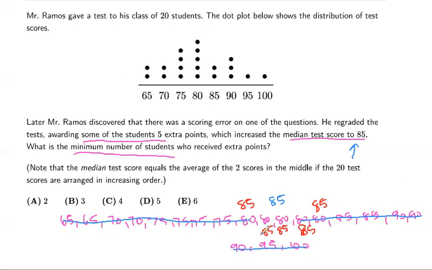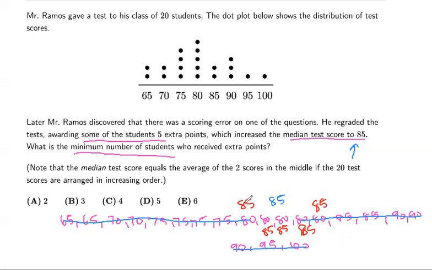But I think that is not the case, because we want the middle two numbers to average to 85. So the only way that will happen is if these two are going to be 85. But these two should be 85 as well. Otherwise, these two cannot be smaller than these two, which is why these two 80s should be 85 as well, at least.